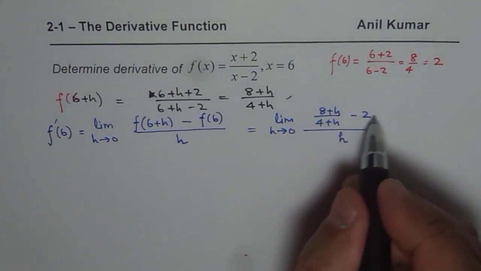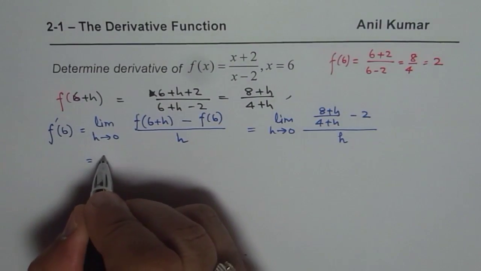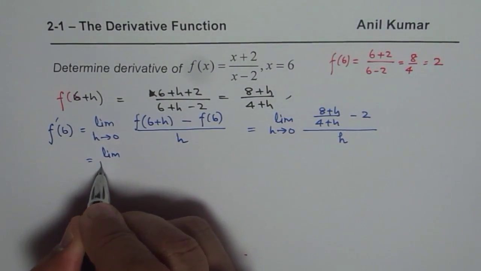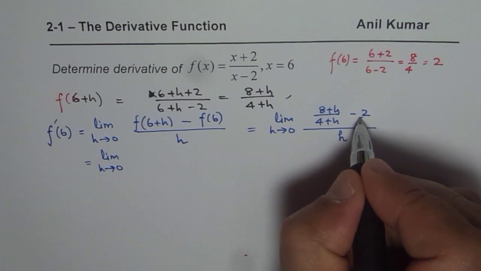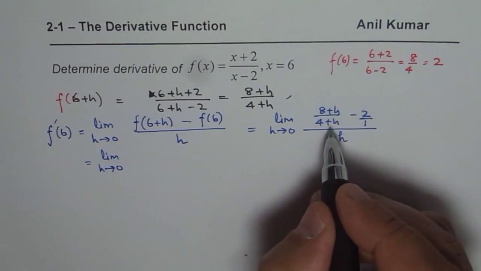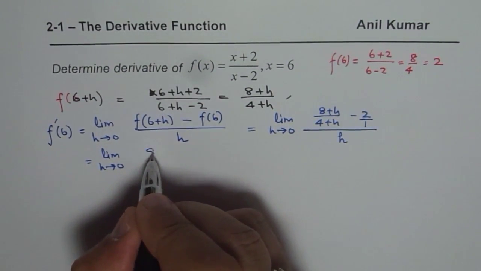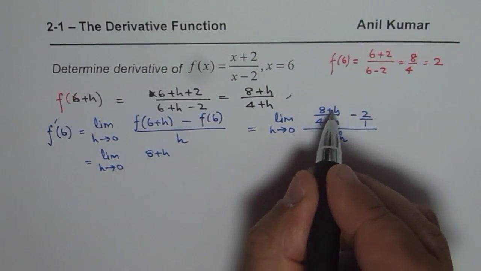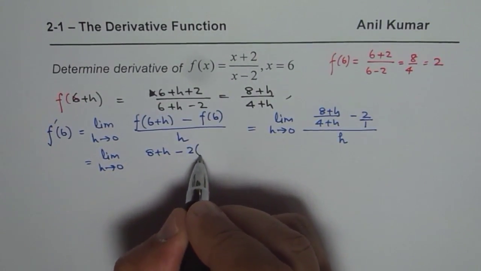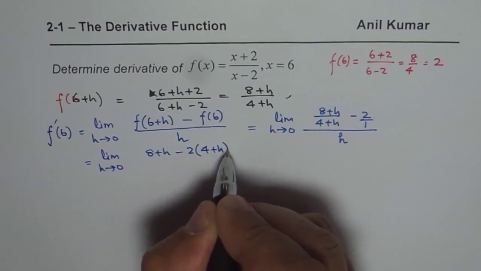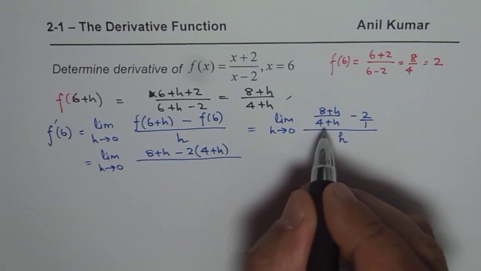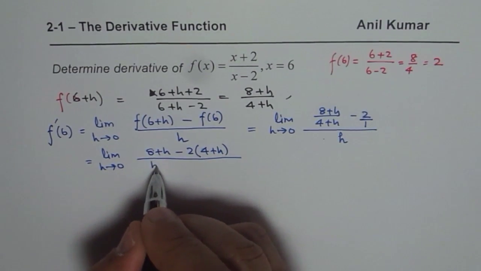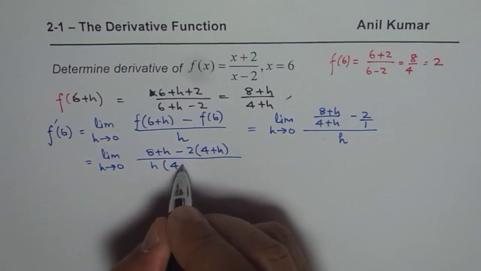At this stage we can cross multiply and write this as limit h approaches 0. Treat this 2 as 2 over 1. So you cross multiply, and you get 8 plus h for the left side minus 2 times 4 plus h, and in the denominator it is h times 4 plus h.